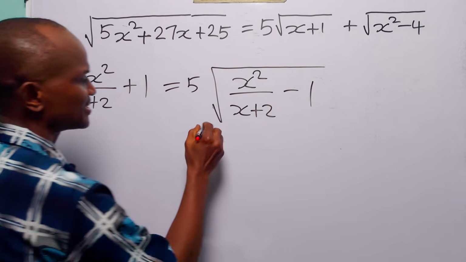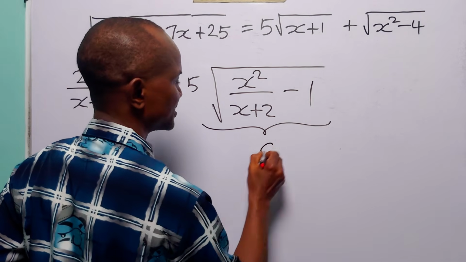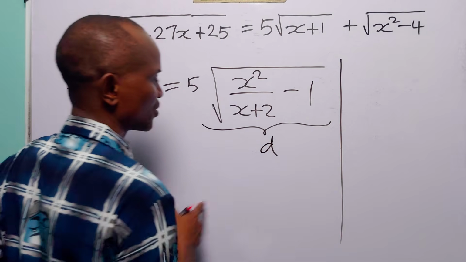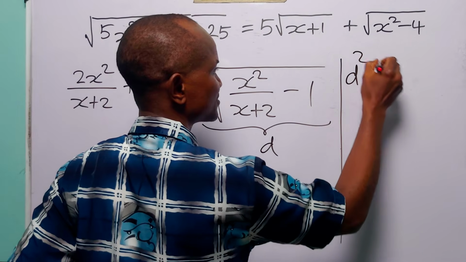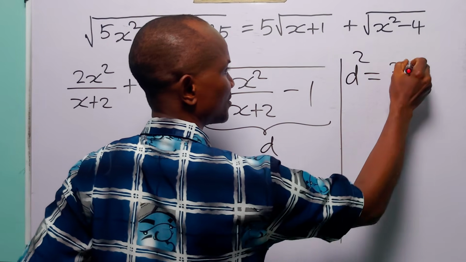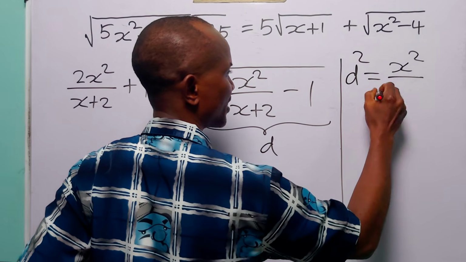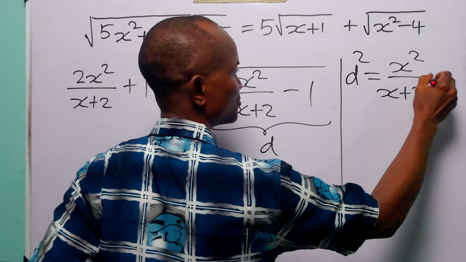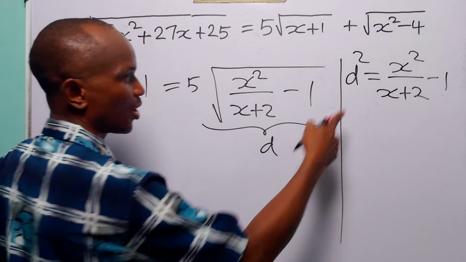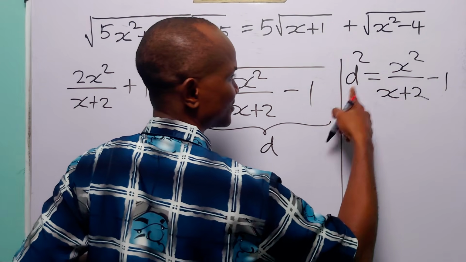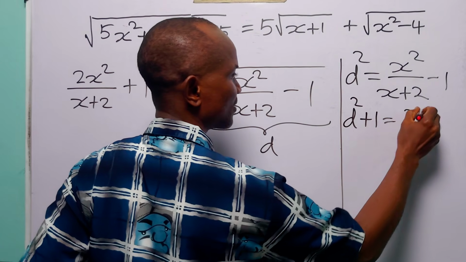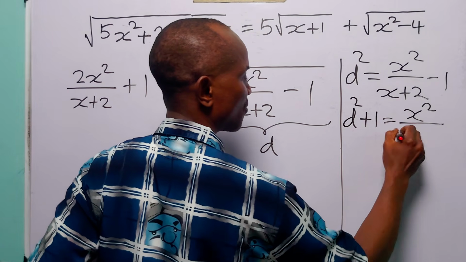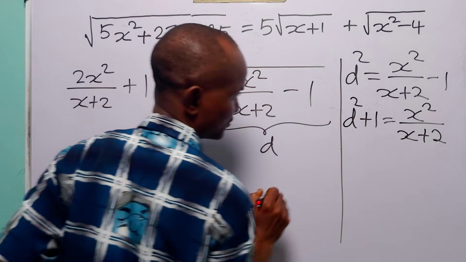So to simplify this equation, let us call this quantity d. And of course, when we square d, we have that d squared is equal to x squared over x plus 2 minus 1. When we add 1 to both sides of this equation, we have that d squared plus 1 is equal to x squared over x plus 2.